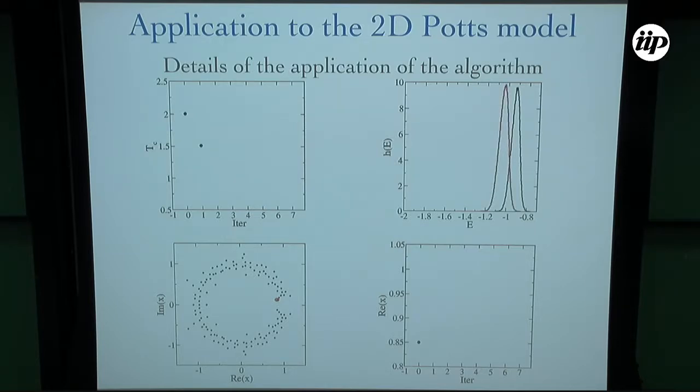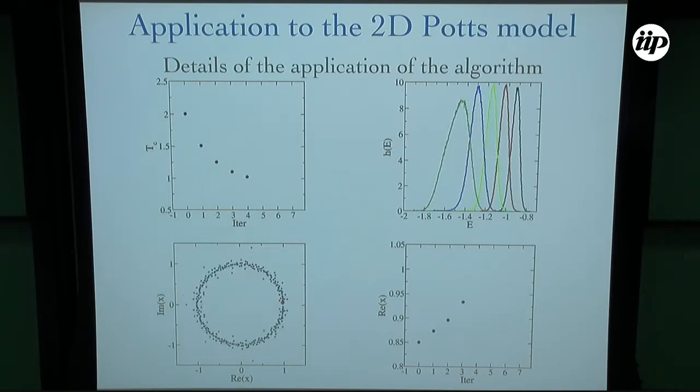Then I get the histogram, the zeros, and the real part of the zeros. Then you proceed with this process, building histograms, new maps of zeros, and new real parts. Eventually it starts to approach 1. Okay? So here I have used, this is for a 20 by 20 lattice, 10 to the 5 Monte Carlo steps.